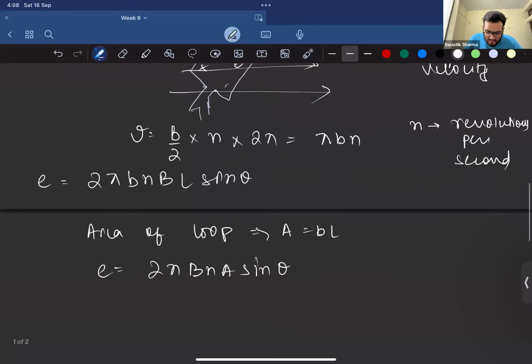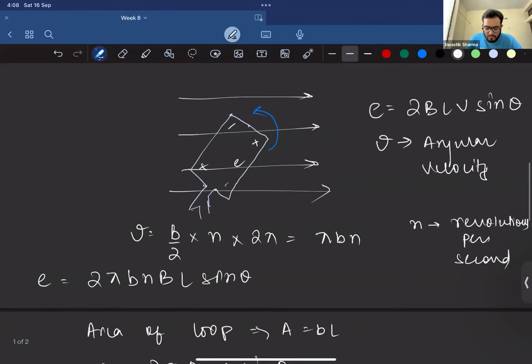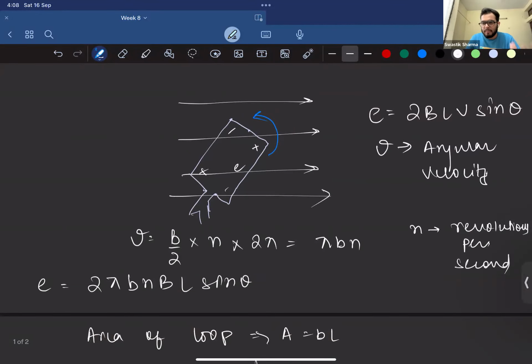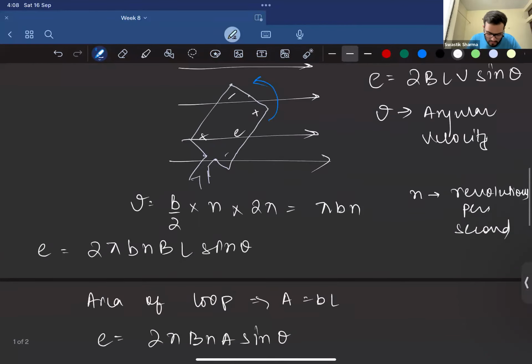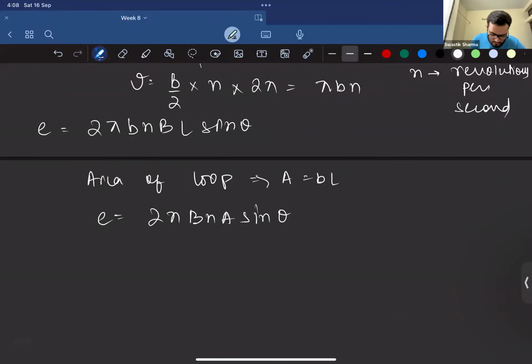So that's how the rotation of this conductor or loop in a magnetic field produces an EMF, and it's sinusoidal in nature. We can call it EM, where this is the maximum value, and sine theta, where theta can be represented by the angular velocity times t, how much it has rotated.